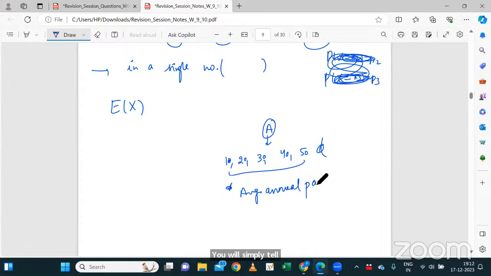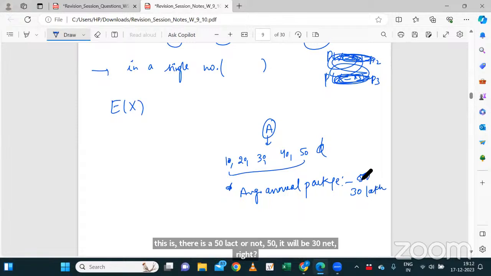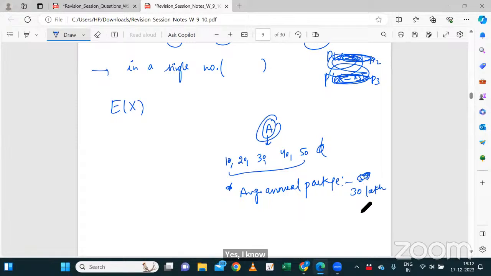Suppose I ask you to give me information about the annual package of university A in a single number. You can't simply say 10 lakh, 20 lakh. You will say that on average it is 30 lakh. Yes or no? You will say the annual average package in the college is 30 lakh.